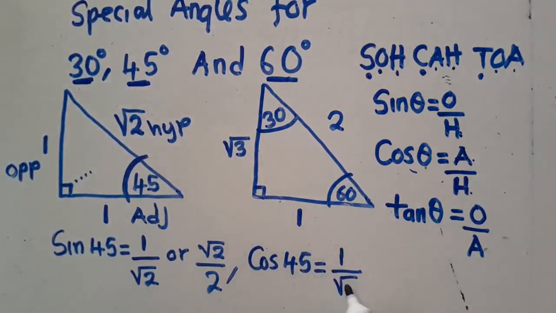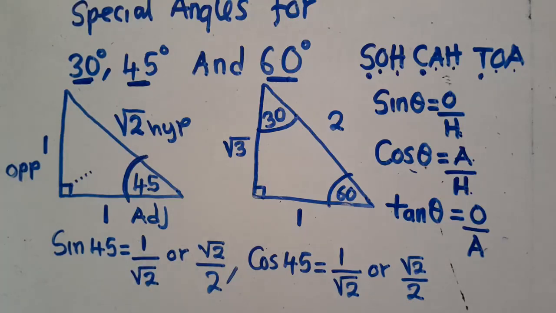So I put my root 2 there. This is the answer that I found, 1 over root 2, which is the same as root 2 over 2. Don't be confused. When I tell you that sine 45 is root 2 over 2 and someone tells you it's 1 over root 2, don't even argue. It's one and the same thing.